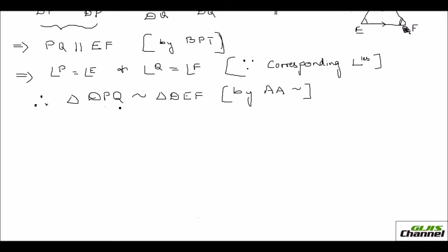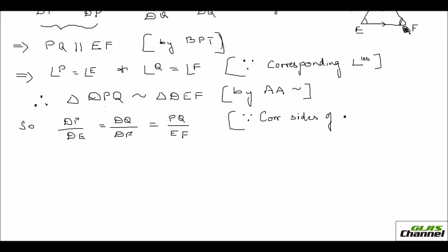Since these two triangles are similar, I can say that the sides are proportional. So DP over DE is equal to DQ over DF, which is again equal to PQ over EF. We concluded this because these are corresponding sides of similar triangles, right?